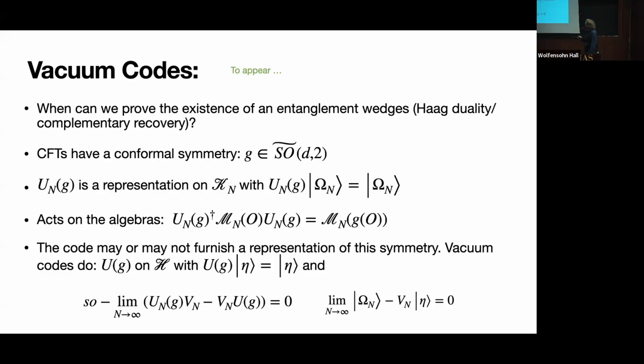In the vacuum code case, I'm thinking about small fluctuations on top of AdS, where we have these symmetries, and these symmetries will be realized on this Hilbert space. In fact, there should be a map between them as n goes to infinity. These assumptions are what I mean by a vacuum code.